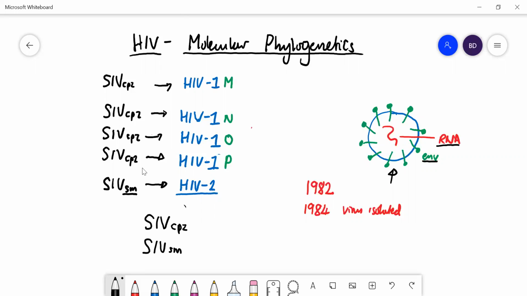Now, for the SIV to turn into HIV, it has to infect a human being, of course, and the way it did that is presumably through people eating the meat of chimpanzees or these monkeys and coming into contact with the blood.